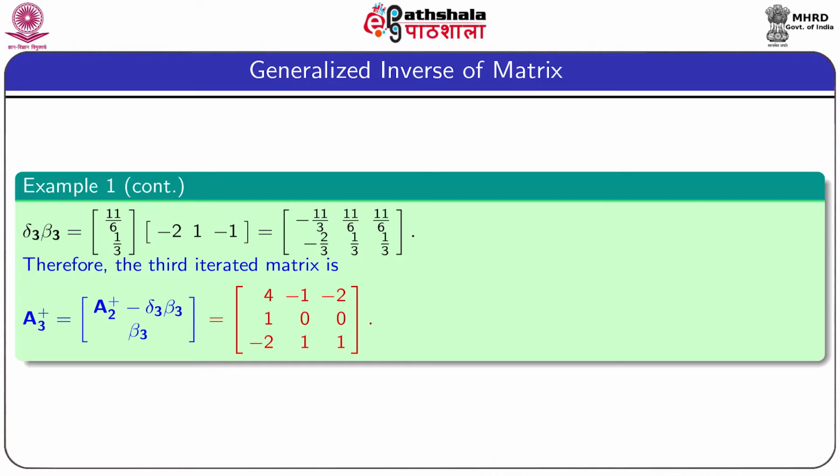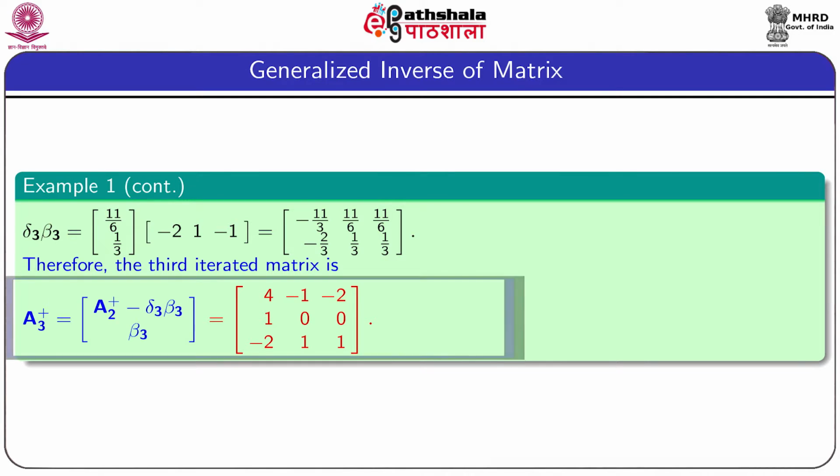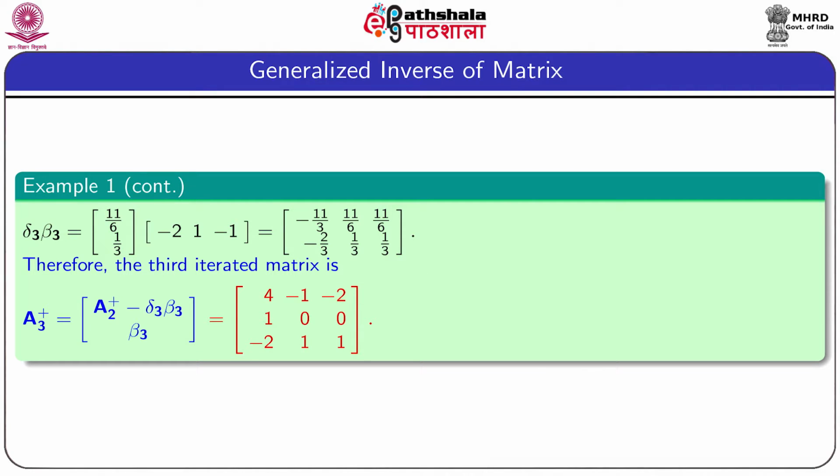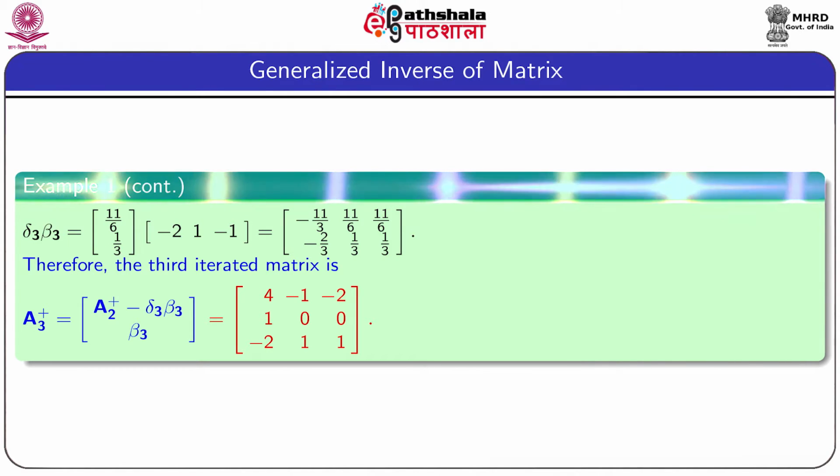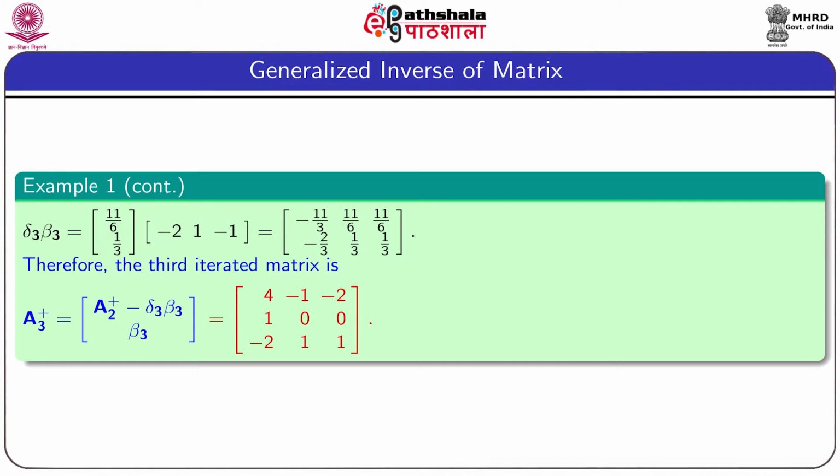Therefore, the third iterated matrix is A3 plus, whose first row is A2 plus minus delta 3 beta 3 and second row is beta 3, which is equal to a matrix of order 3 by 3. First row is 4, minus 1, minus 2, second row is 1, 0, 0, third row is minus 2, 1, 1. So this is the third iterated Moore-Penrose inverse of the matrix A.